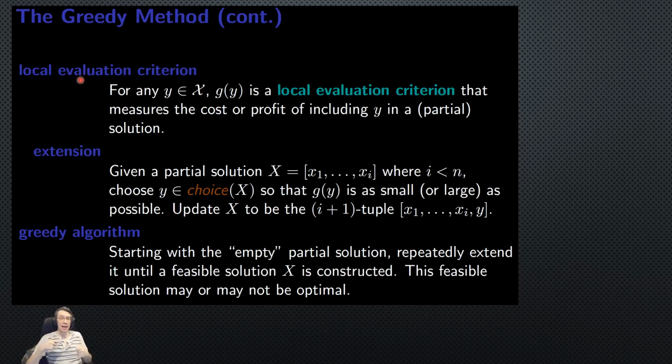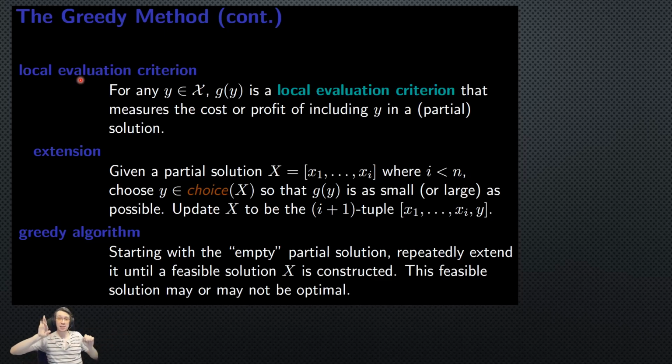And I want my evaluation criteria to be local. I don't want them to depend on complicated calculations that predict many choices in the future to find an optimal choice. I want to just look at the set of choices I can make right now and the set of choices I've already made in the past.